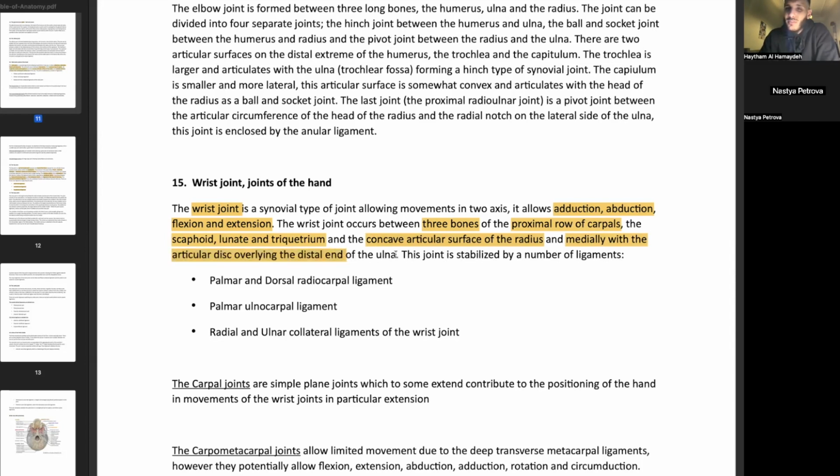So this is an important fact for you, and I swear to God, he's going to come to you with this. I was asked this once and I didn't know it. There is an articular disc that the ulna has that separates it from the proximal row of the carpal bones. The radius does not have that. I'll show you.